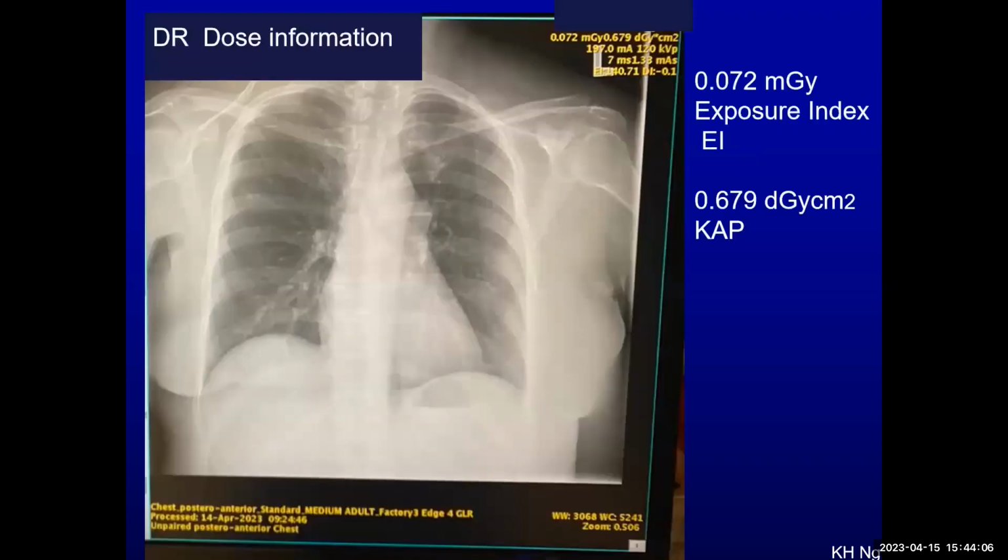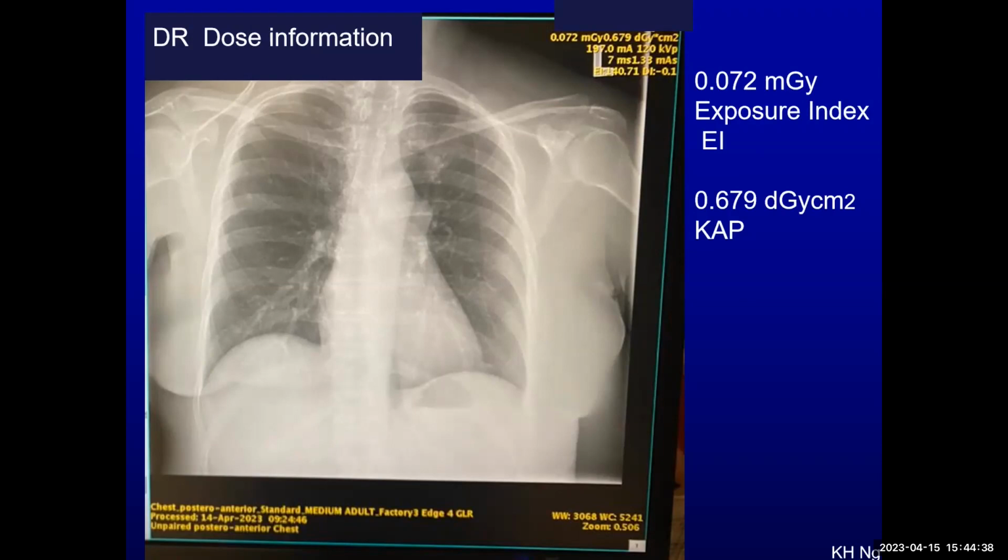Earlier, I mentioned the information that is available for those DR systems. Look at the top right corner. You have the EI, exposure index. Now, this is not patient dose. This is the exposure, or we can call it dose, received by the detector, 0.072 milligray. And you can convert it to the ESAK if you want. And then the other one is the CAP, 0.679.